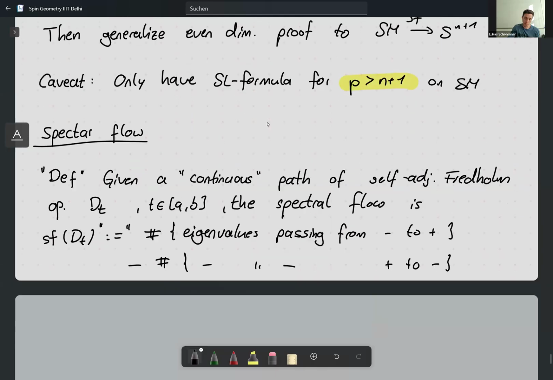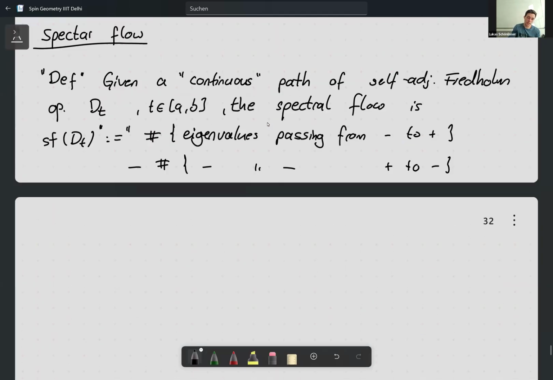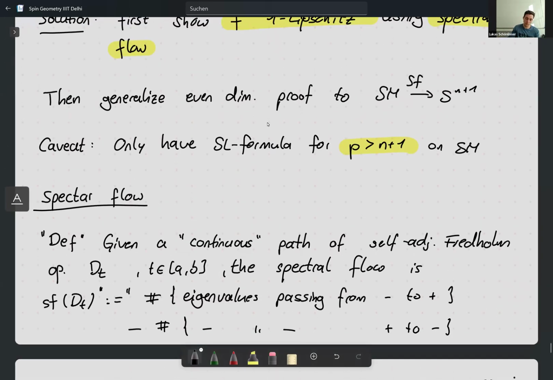So that's the spectral flow. In our context, it's interesting because if the spectral flow is non-zero, this means that for some t, there's a harmonic spinor of this operator.